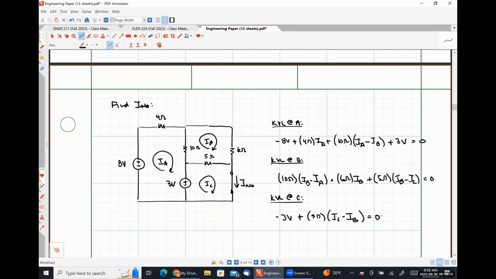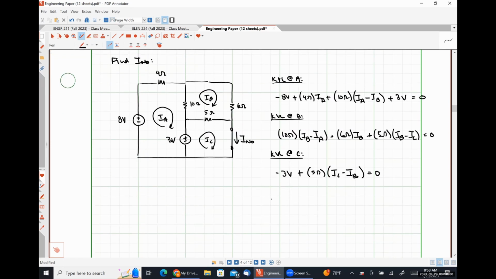And in my last equation, my coefficient for IA is 0. My coefficient for IB is negative 5. My coefficient for IC is positive 5. And my constant term is positive 3. Solving this, I get IA is equal to 55 over 62.